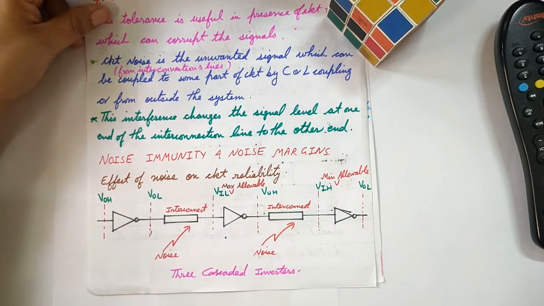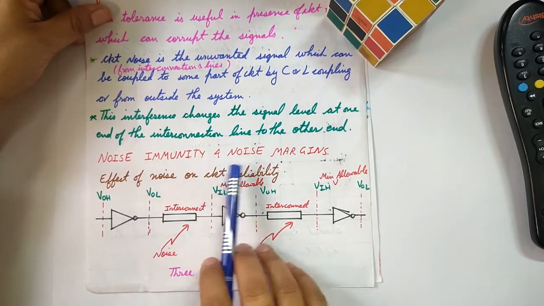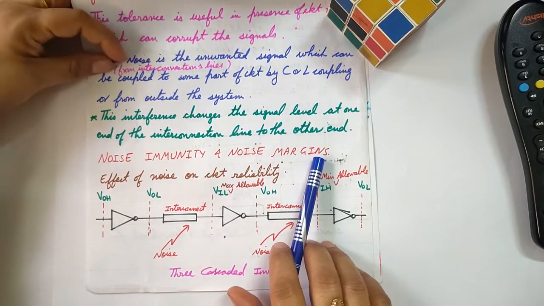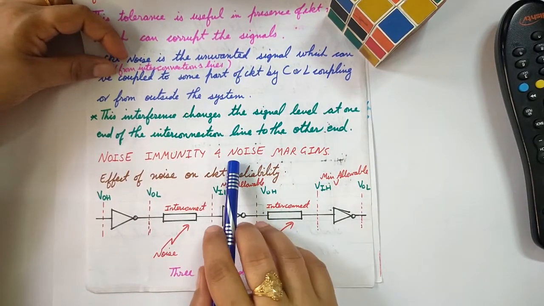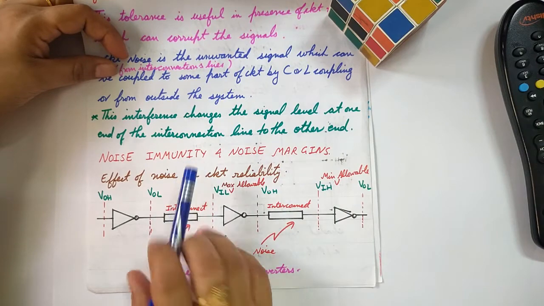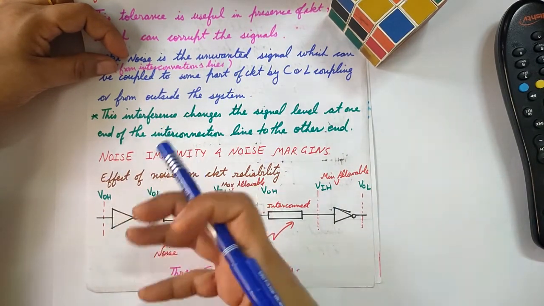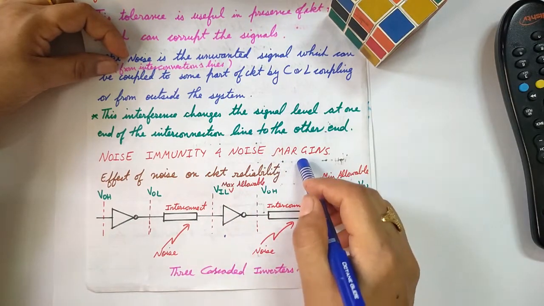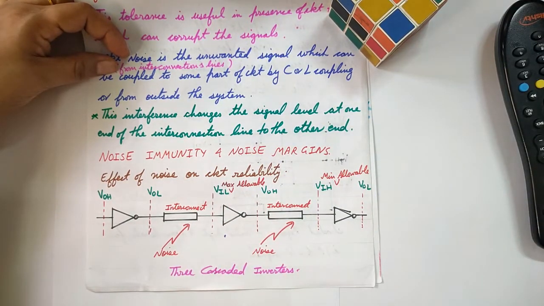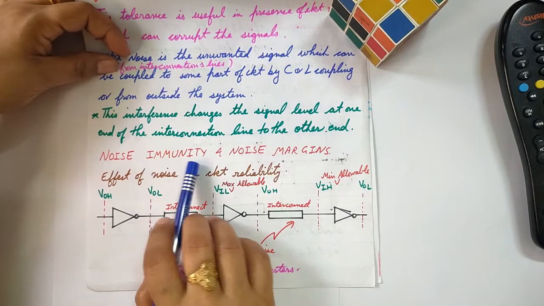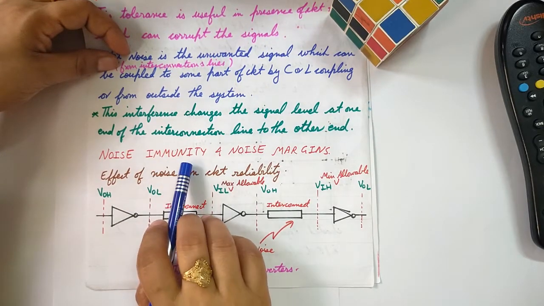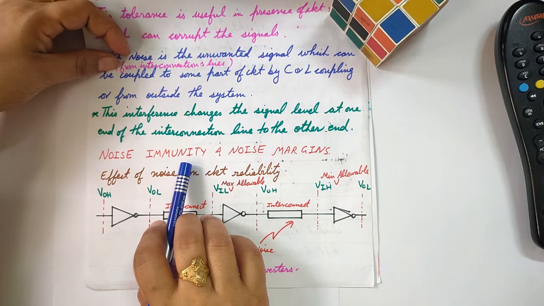Now we are going to see these terms, noise immunity and noise margin. What do you understand by them at first instance? It means the digital circuit's immunity towards noise. If your body has high immunity, it means bacteria and germs will not be able to affect you, and your body's efficiency or output will not be affected.